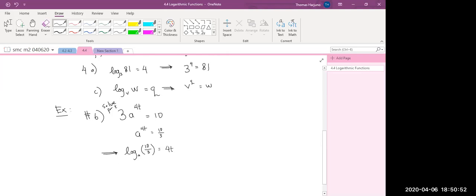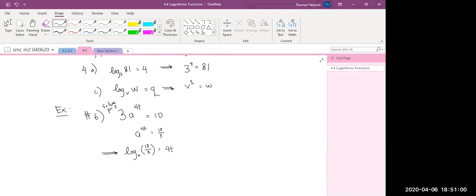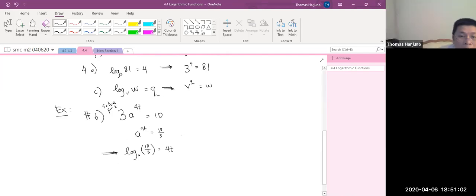So you have to clear the coefficient, to be more precise. And then to have t by itself, I will divide by 4 further. t equals 1/4 log base a of 10 over 3.